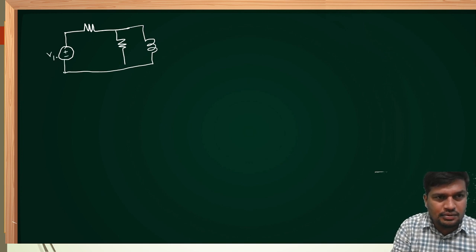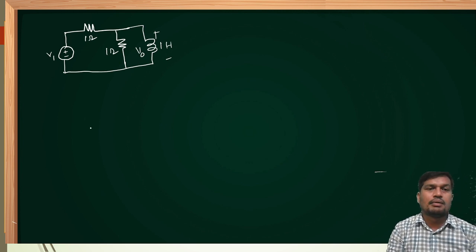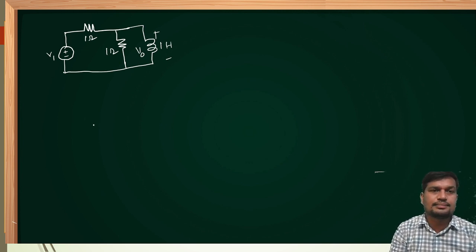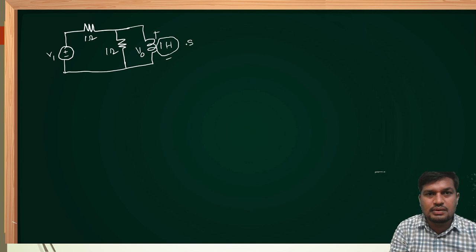Let's say this is input voltage, resistor value 1 ohm, another resistor value 1 ohm, inductor value 1 Henry. This question we already discussed in yesterday's class by using nodal analysis. But as already explained, whenever inductor value is given in Henrys, in control system we need to convert it to S domain, that is S, whereas resistance value remains the same.